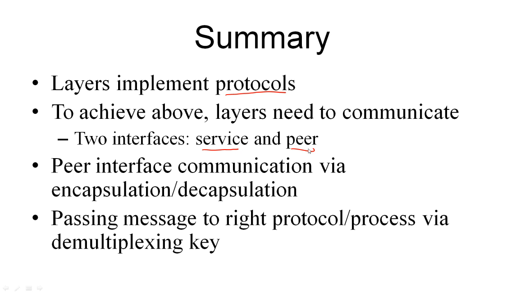And the peer interface facilitates communication across two peer layers on two different nodes, and this is achieved through encapsulation and decapsulation. We also saw that it is important that a message gets passed on to the right process or protocol, and this can be achieved via the demultiplexing key, which is also embedded within the headers. Now we are ready to look at each layer individually.